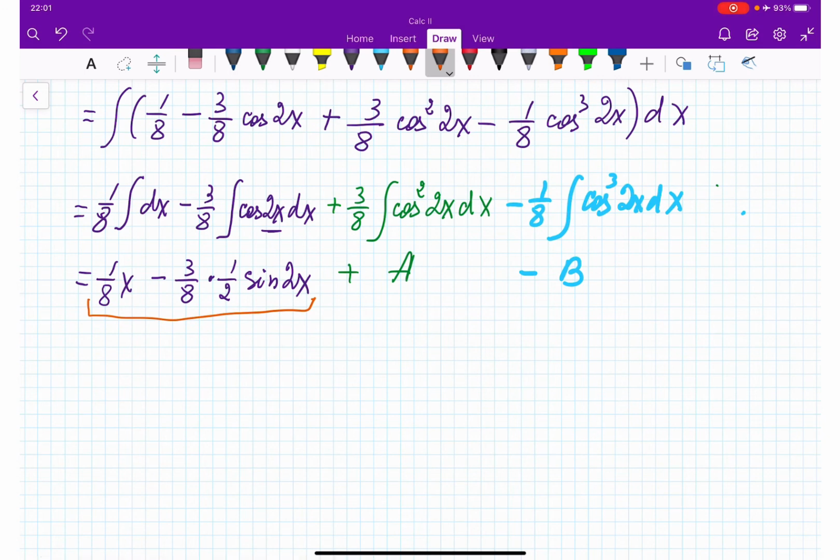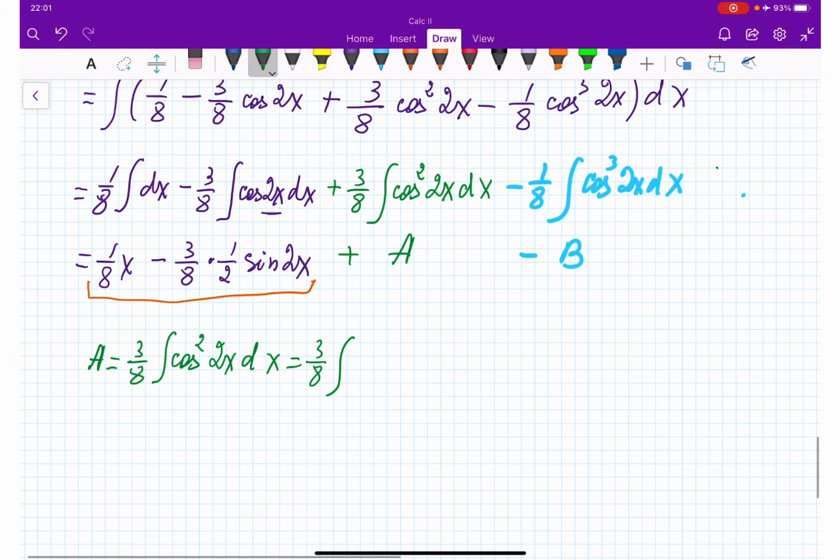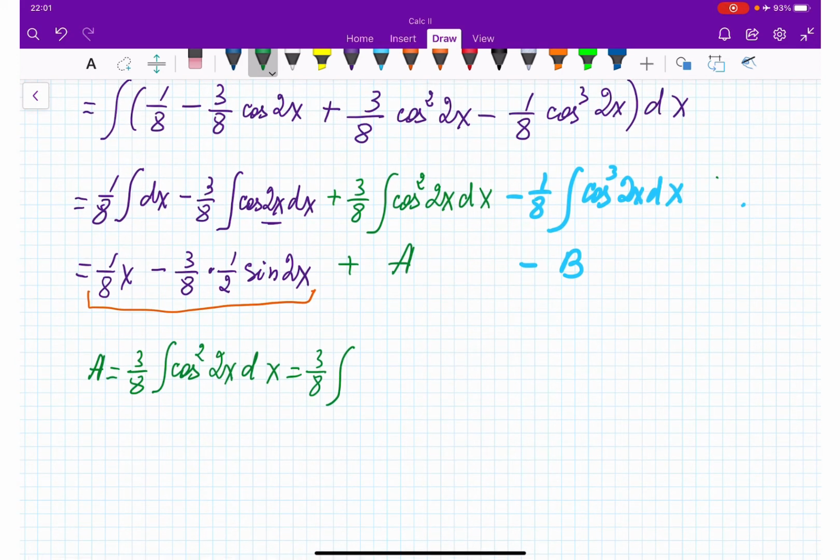Okay, so let's start working. A is equal to 3 over 8 integral of cosine square 2x dx, which is equal to 3 over 8 integral, cosine squared 2x is going to be 1 plus cosine 4x divided by 2, right?